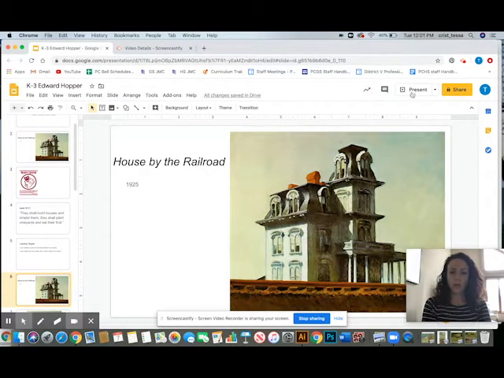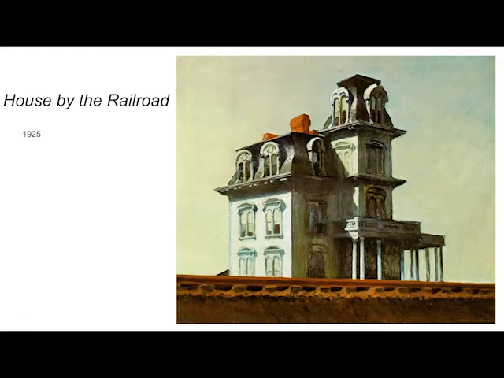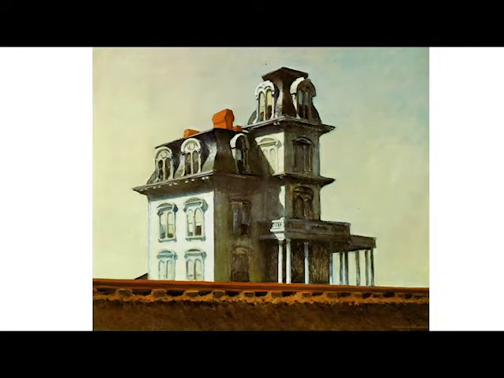So here is one of Edward Hopper's houses. Now, you can pause the video anytime because I'm going to ask a bunch of questions, and I want you guys to look really closely. Okay, you ready? Who do you think lives in this house?